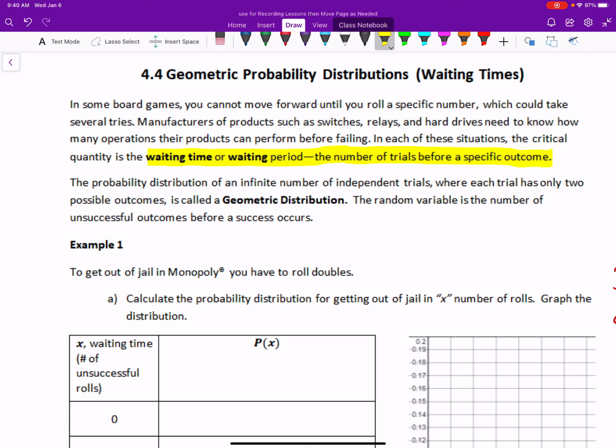So we've got, again, independent trials, but in this case, unlike the binomial distribution, where we had a set number of trials, and that was our n, we haven't set a limit on how many trials there can be.